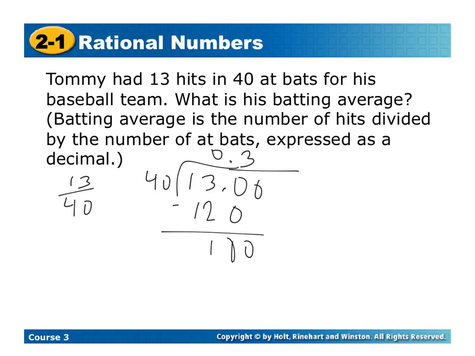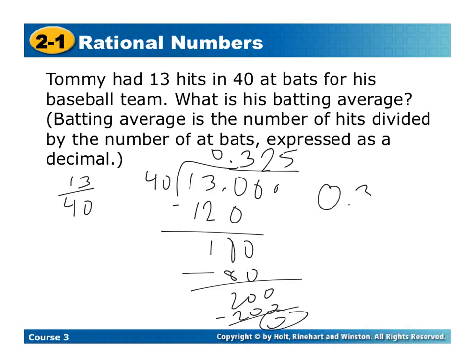Add a 0. 40 can't go into 100 evenly, but it can go in twice, which would be 80, leaving us with 20. Now 40 goes into 200 5 times. Remainder of 0, so we're done. So his batting average would be 325 thousandths, which is a pretty decent batting average if you know anything about baseball.